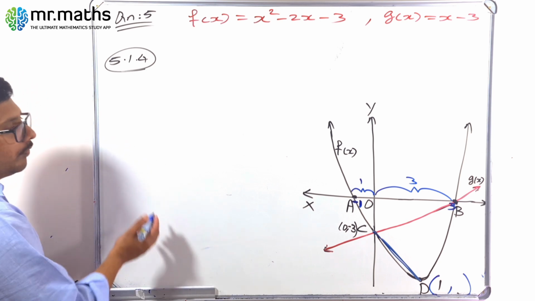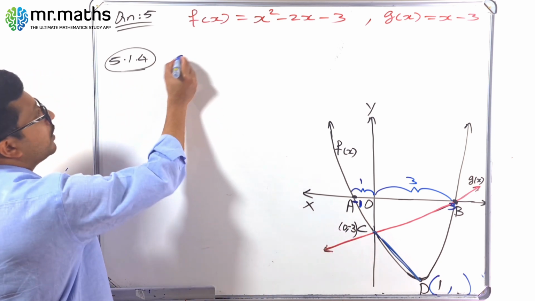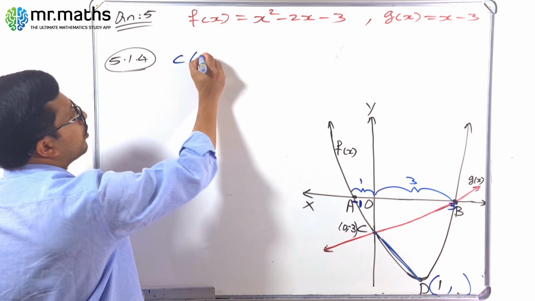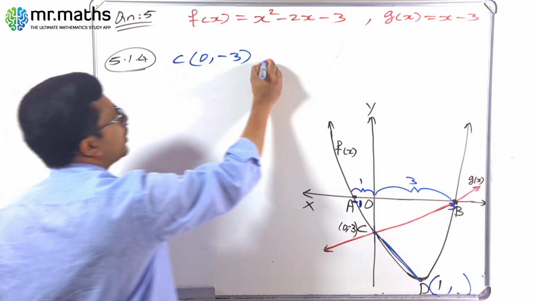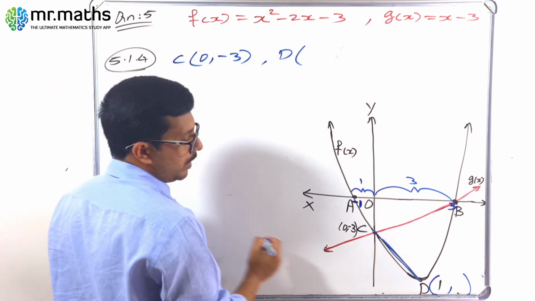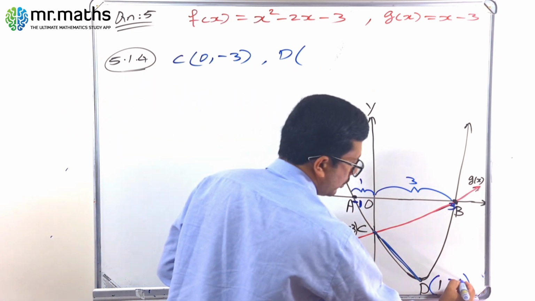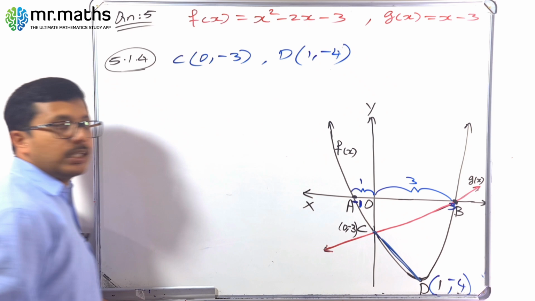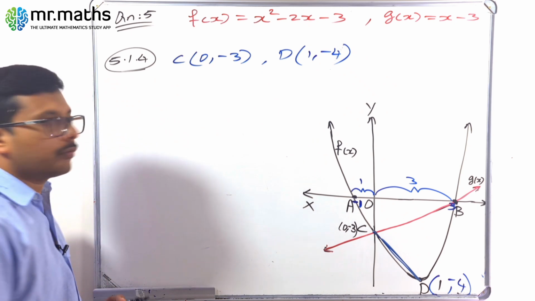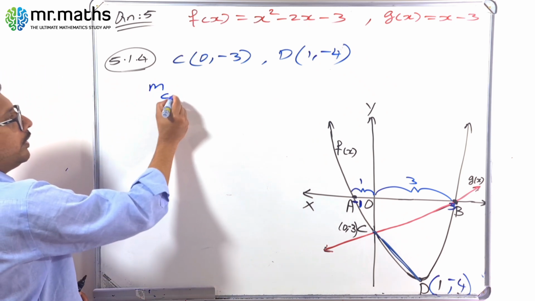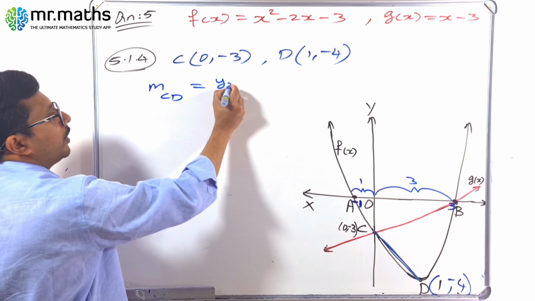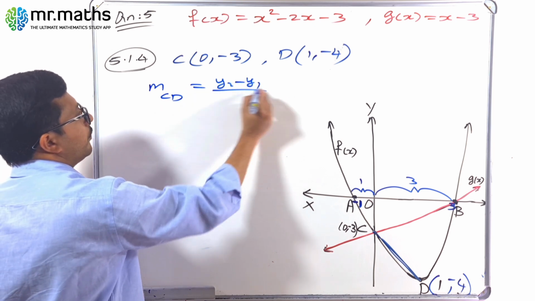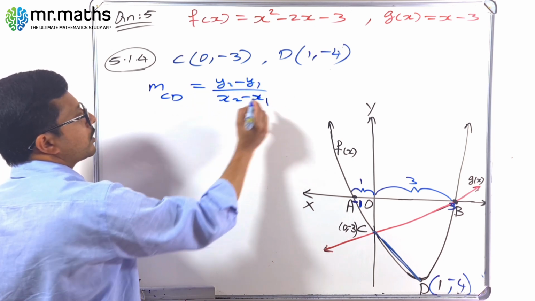Okay. So what is the coordinate of C? C is 0 comma minus 3. And D is 1 comma minus 4. To find the average gradient, we can apply the same formula for the gradient. Gradient of CD: y2 minus y1 divided by x2 minus x1.